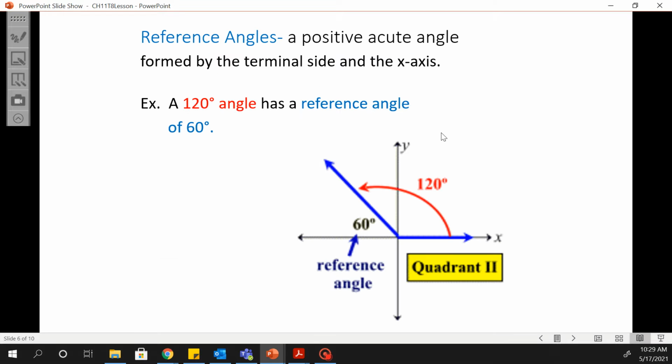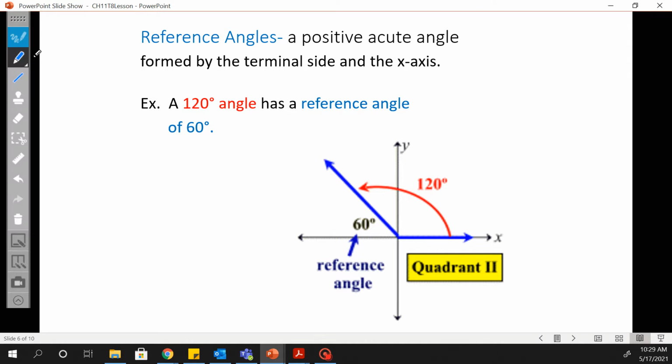A reference angle is a positive acute angle formed by the terminal side and the x-axis. So your reference angle is always going to be formed between the terminal side and the x-axis. A 120 degree angle has a reference angle of 60 because the terminal side to the x-axis would be 60 degrees, since this is 180.